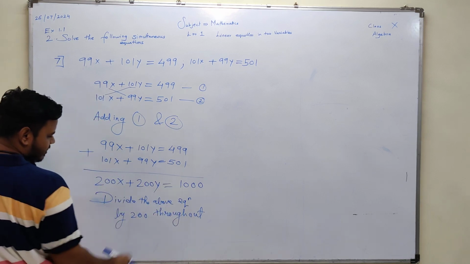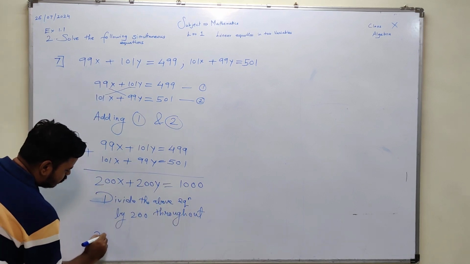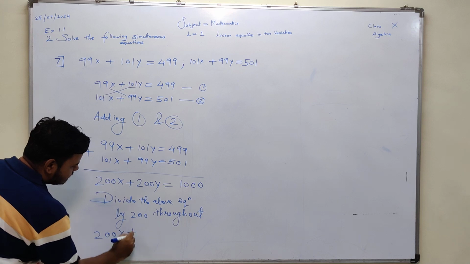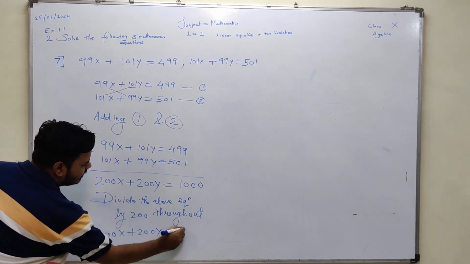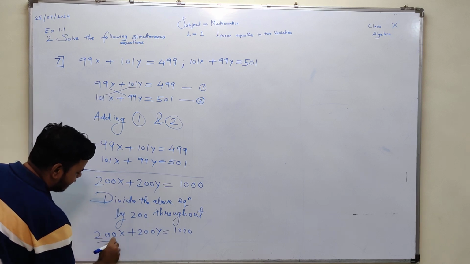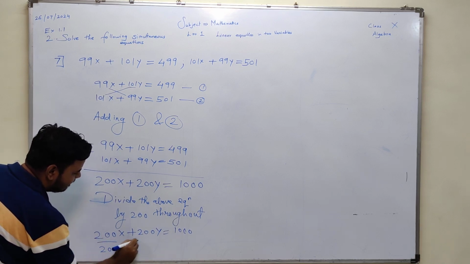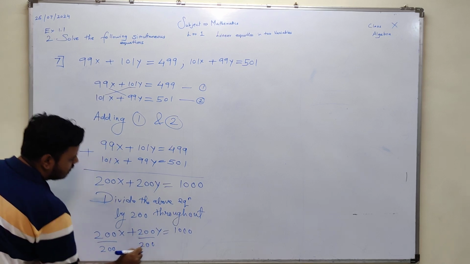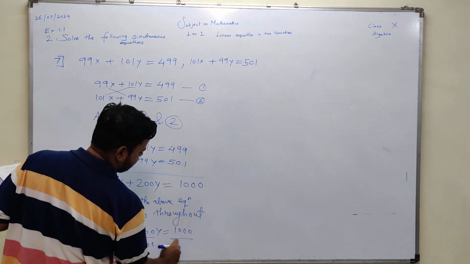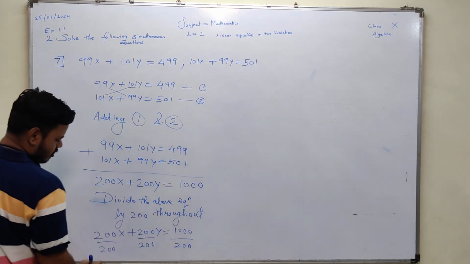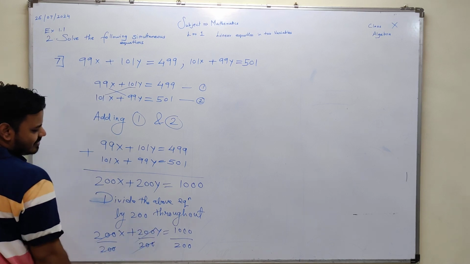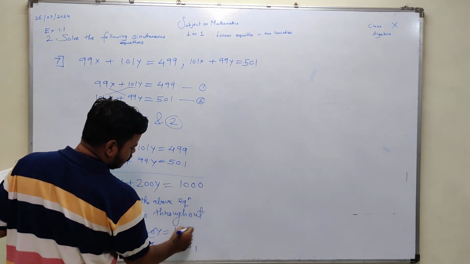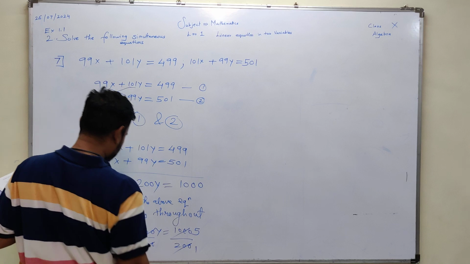So 200x plus 200y is equal to 1000, divided by 200 again to each and every term. 200 will get cancelled. 200 ones are 200, 200 fives are 1000.